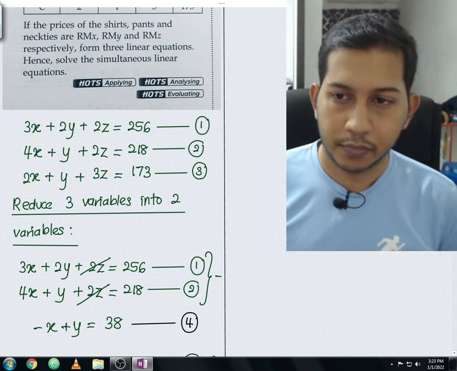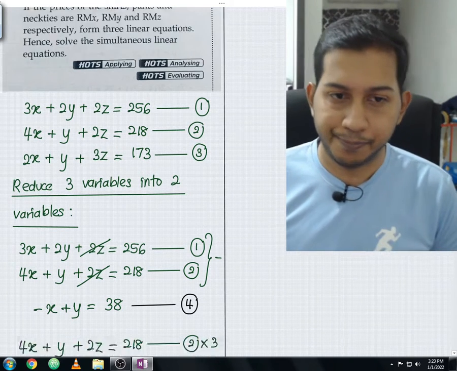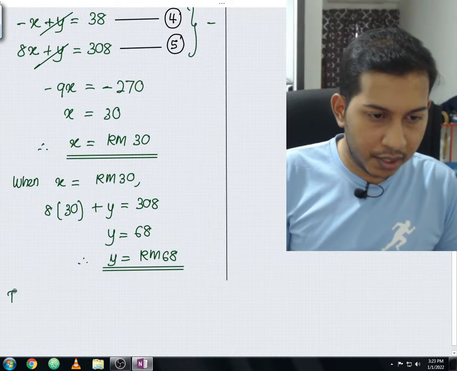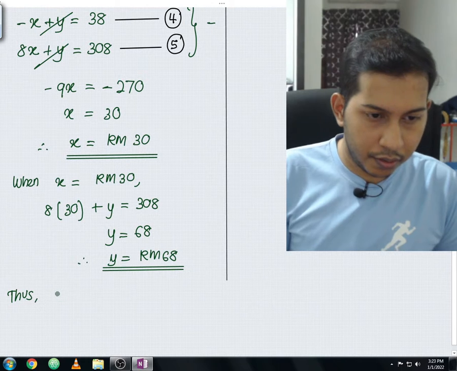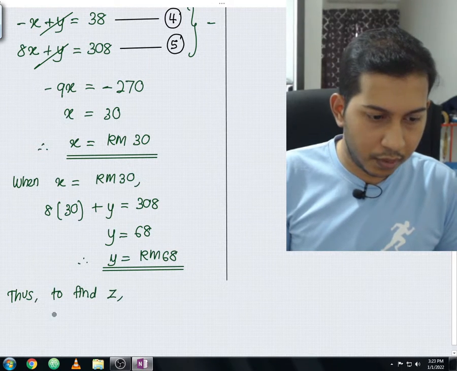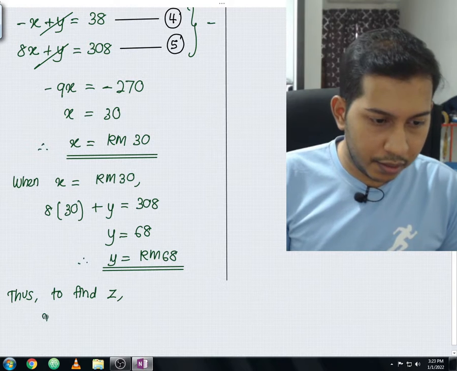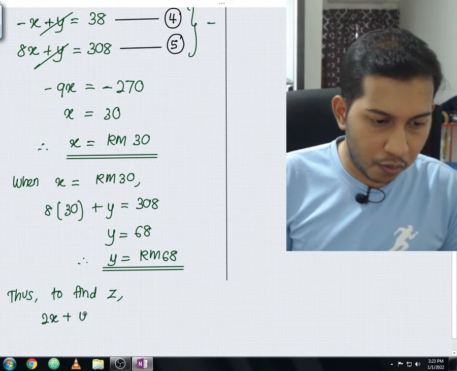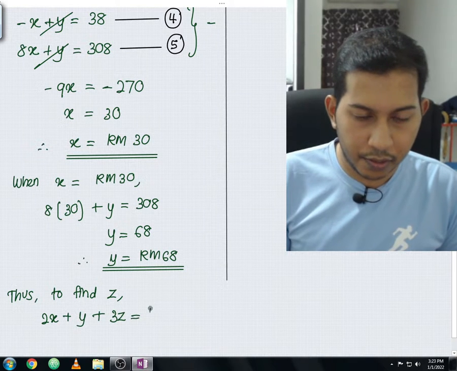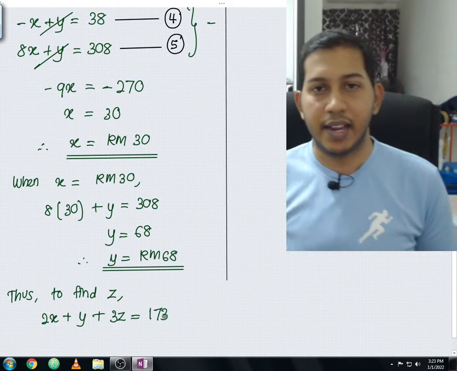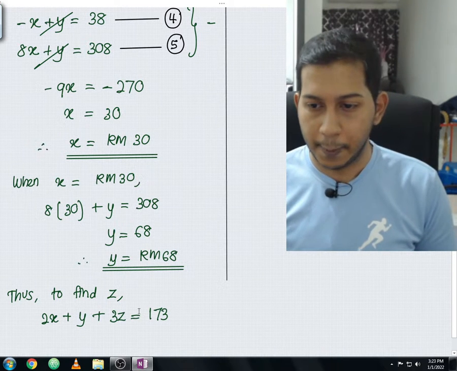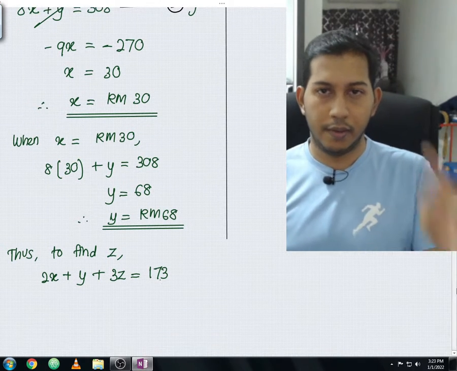So to find z, 2x plus y plus 3z is equals to 173. Since I mentioned that I want to substitute into the equation number 3, that's why I write the equation over here. Let me substitute all the values here.